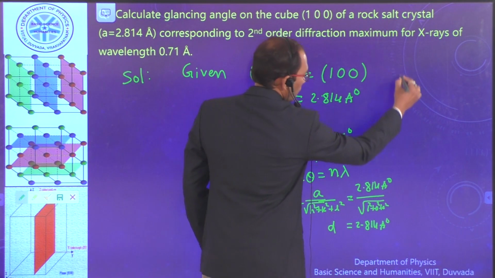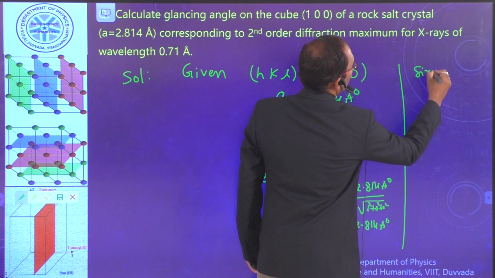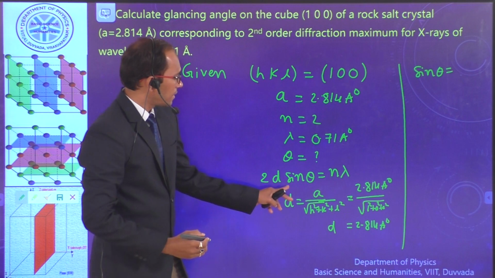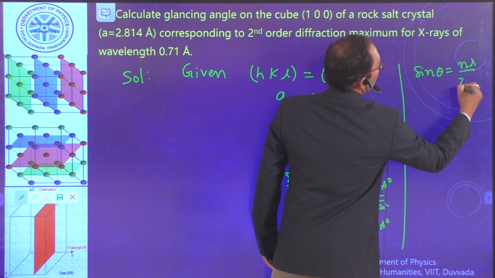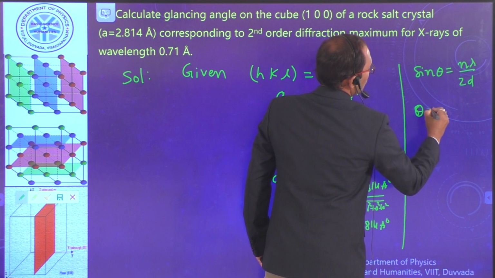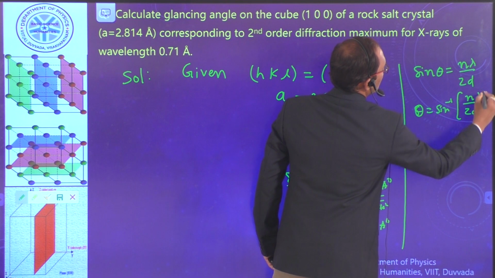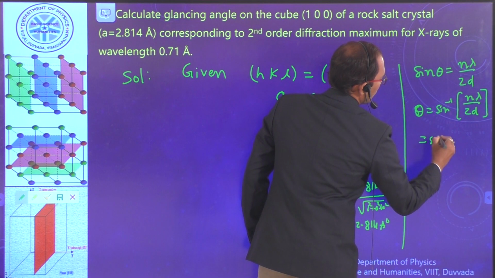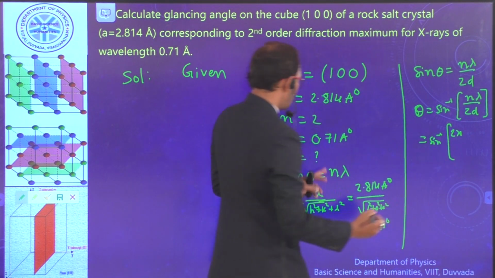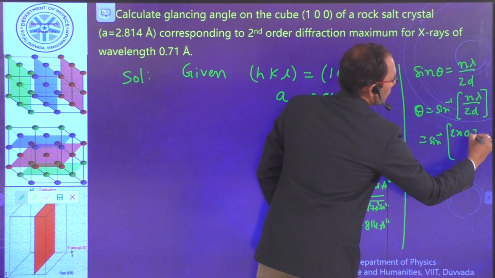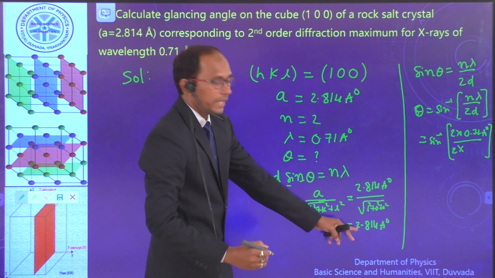Now what you have to find? Theta. From this expression, sin theta is equal to n lambda by 2d. That means theta is equal to sin inverse of n lambda by 2d. So sin inverse of 2 into 0.71 angstrom by 2 into 2.814 angstrom.